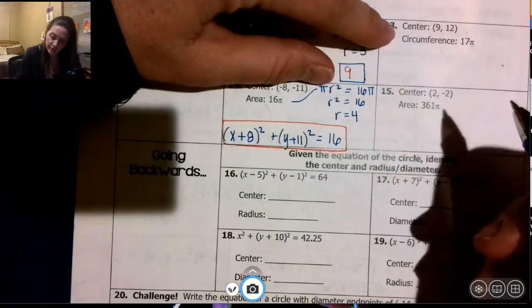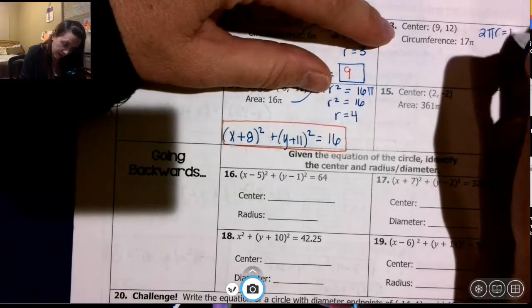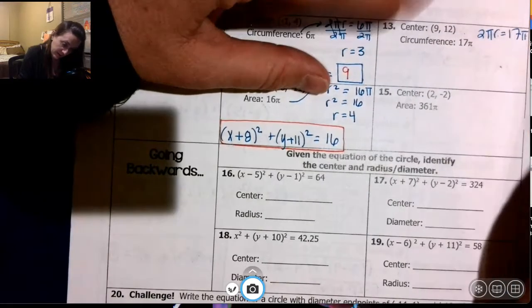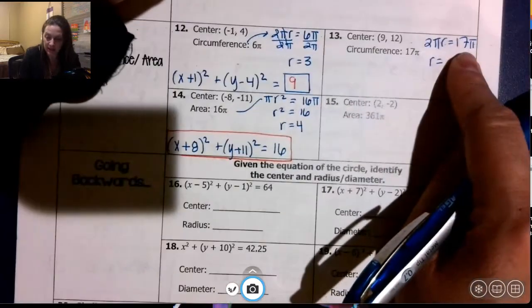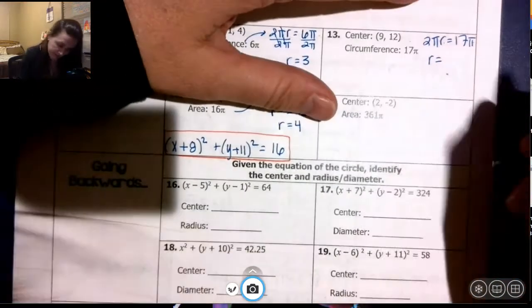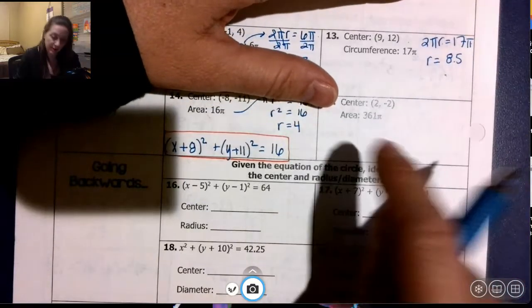This one's not too bad, except for 2 pi r equals 17 pi. If I divide this, I'm going to get r equals half of 17, which is 8.5. So it just makes it a little bit ugly.